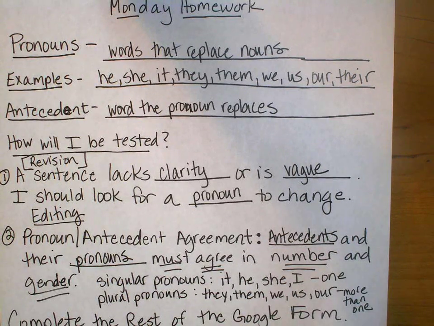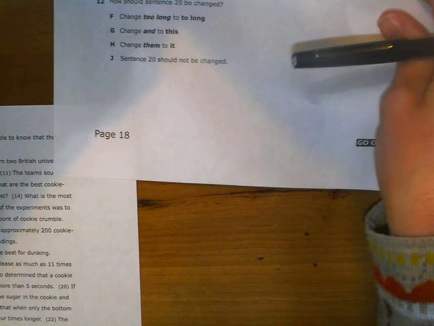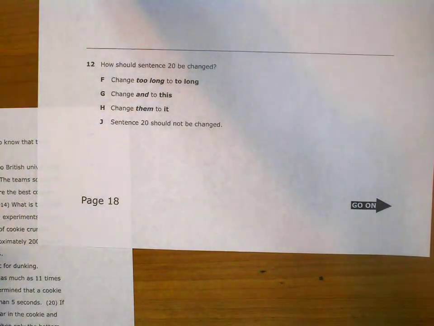So let's go to an example of what that would look like. Okay? So, okay. This is what this would look like. So here's my question. It's question number 12, I'm sorry.